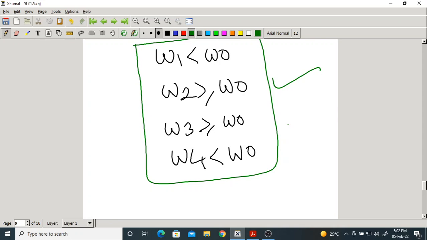Using a network of perceptrons we can implement Boolean functions which are not linearly separable. But using a single perceptron, you cannot implement a Boolean function which is not linearly separable. We can do the same thing by using a network of perceptrons.